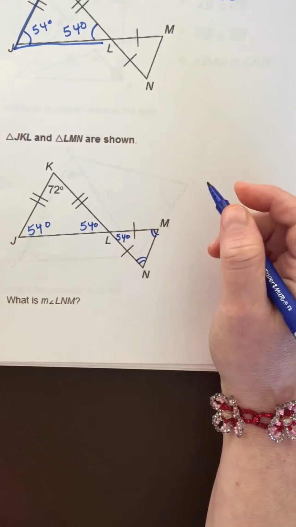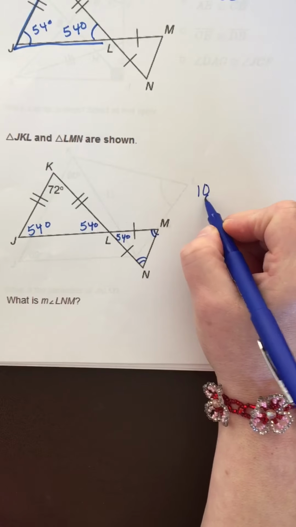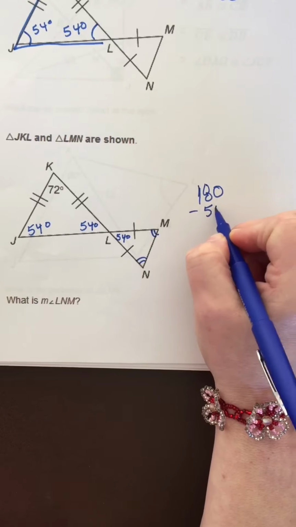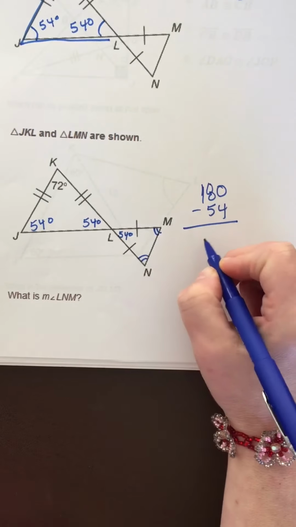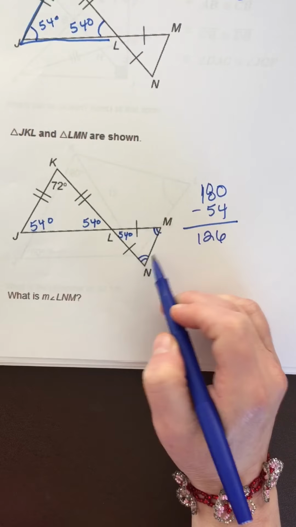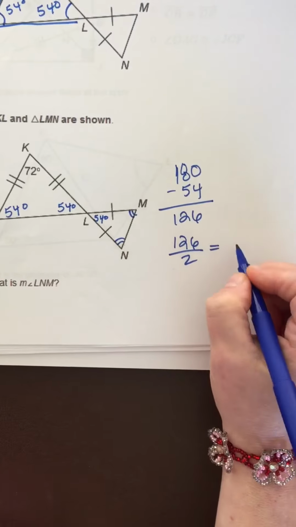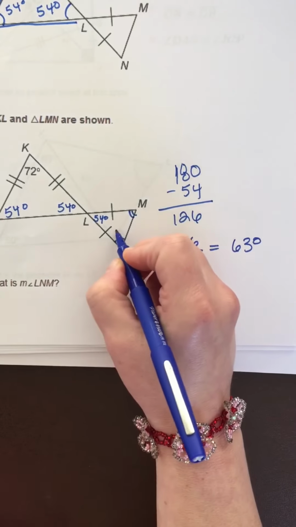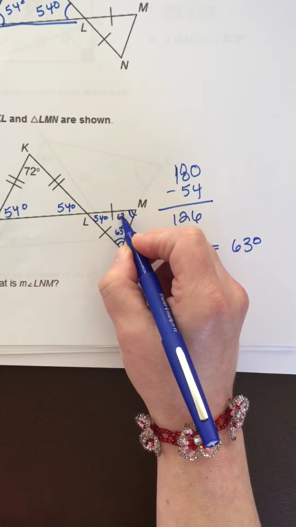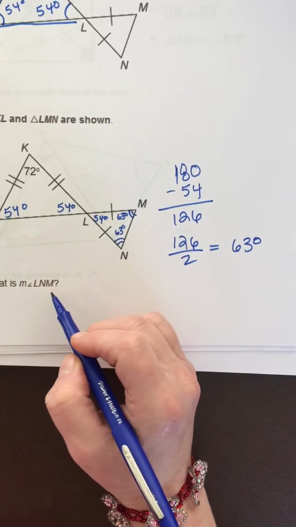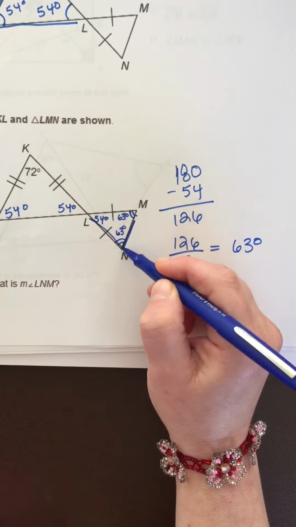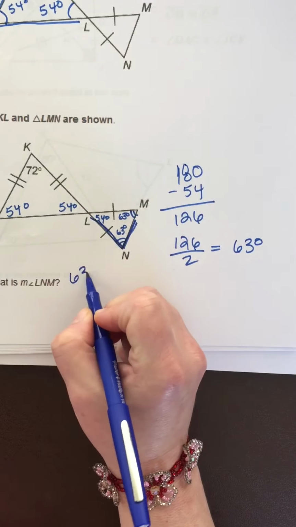So let's take 180, subtract 54. 180 minus 54 is 126. There's two of them, so 126 divided by 2 would be 63 degrees. So these angles are 63 degrees. What is the measure of angle LNM? That's this angle right here. The answer is 63 degrees.